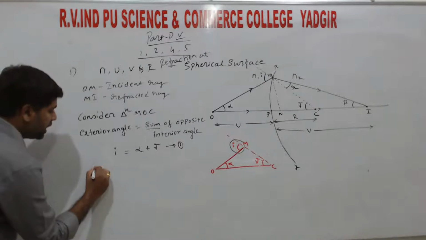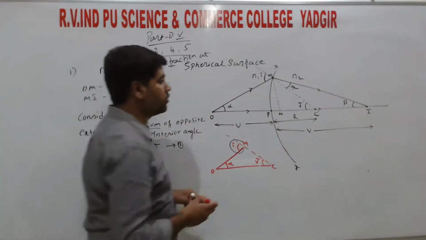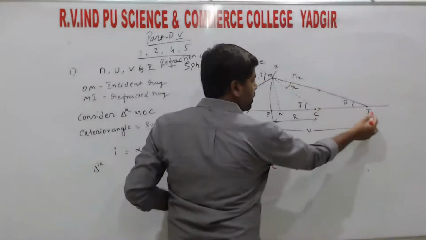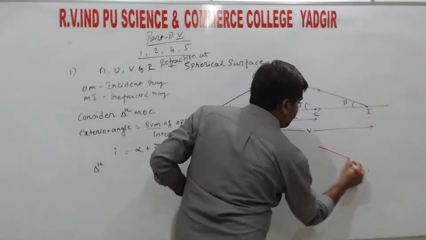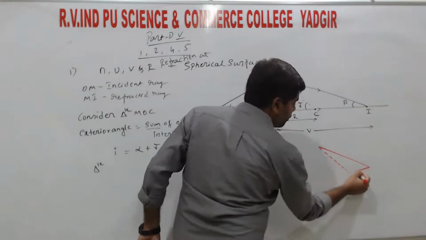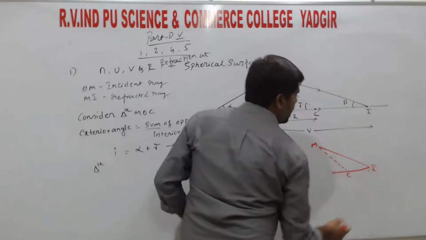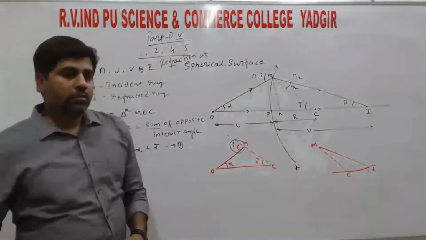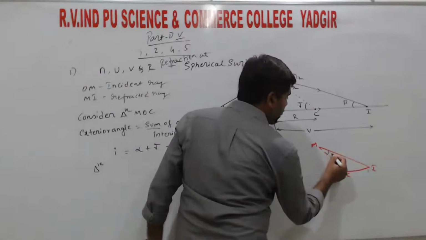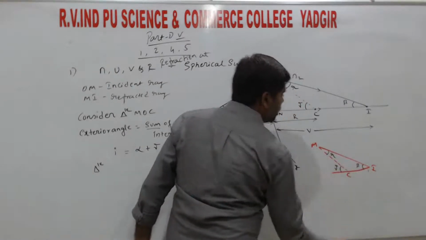Next, considering one more triangle, that triangle is MCI. Here we have r, beta, and here we have gamma.